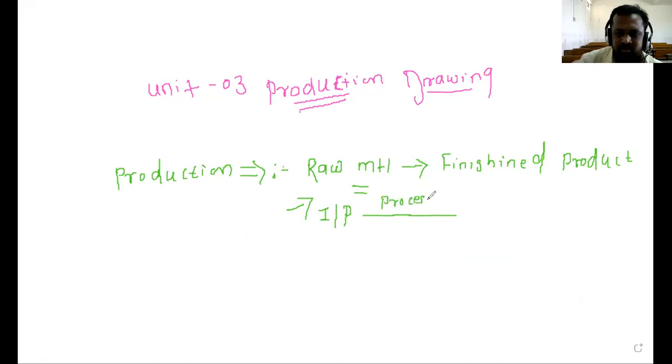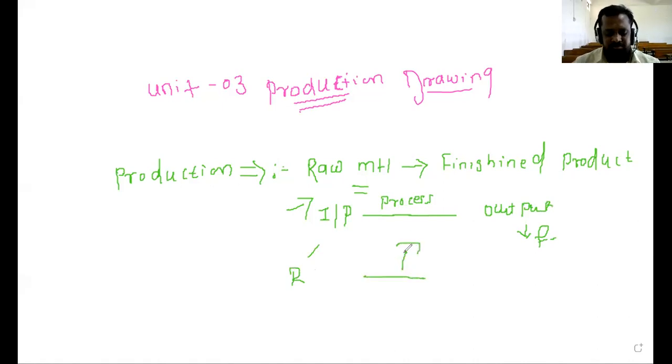The different processes we perform on that raw material, the input, convert that input into the output. Output is nothing but your final product, input is nothing but your raw material, and in between is the process. That is called production. Production is nothing but the process of conversion of raw material into the finished product.